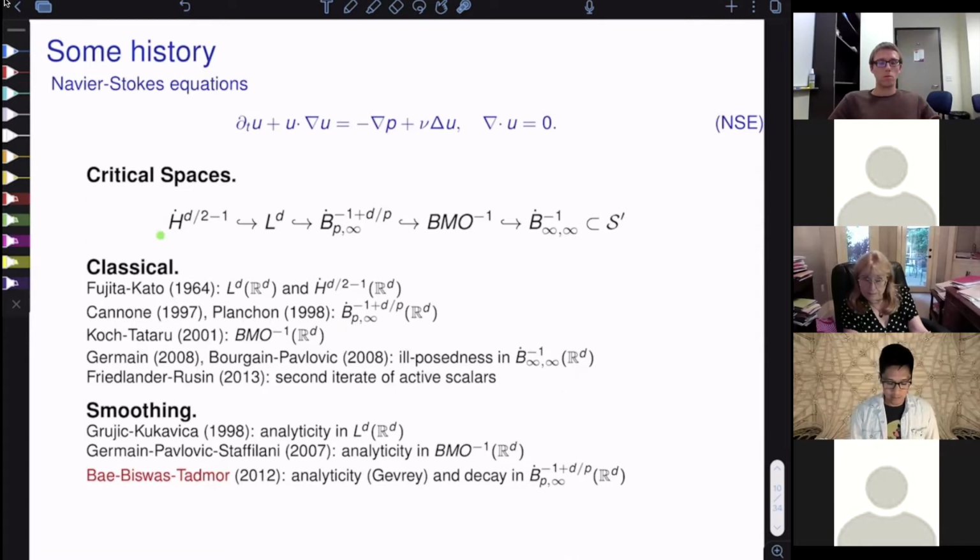Nevertheless, one has in the scaling critical spaces large data local existence, global existence of solutions from small data, and subsequently those solutions instantaneously becoming Gevrey, or in this case, analytic.